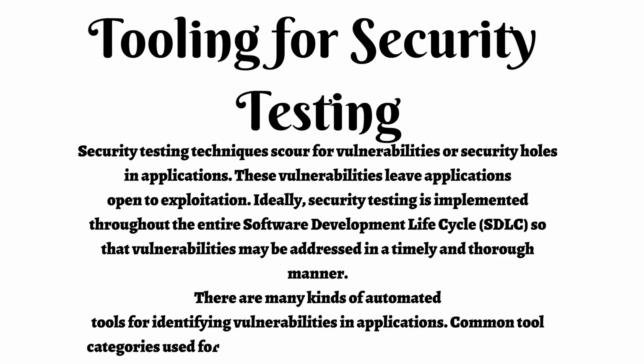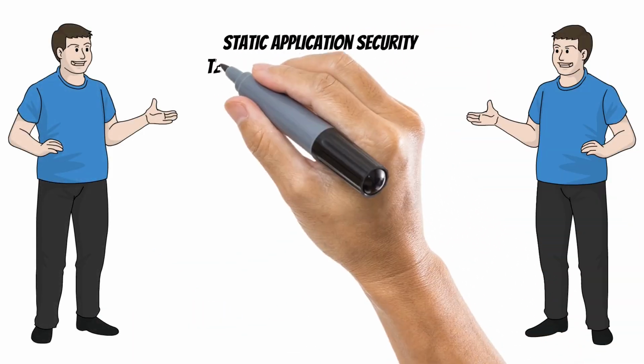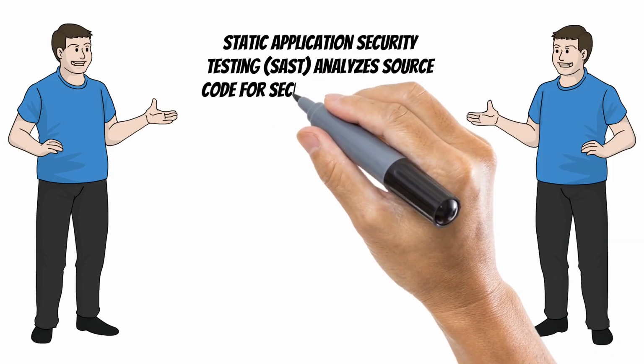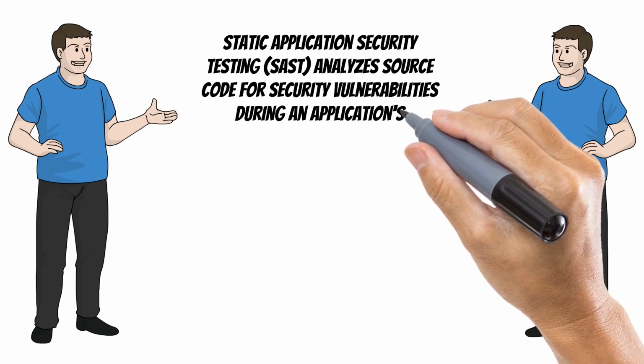Common tool categories used for identifying application vulnerabilities include static application security testing, SAST, which analyzes source code for security vulnerabilities during an application's development.